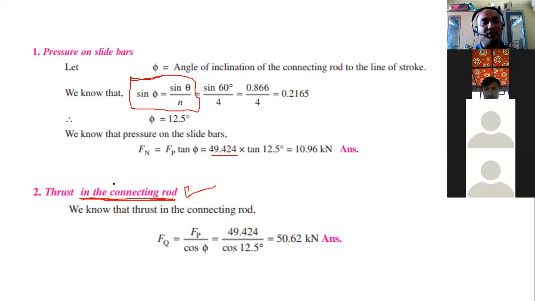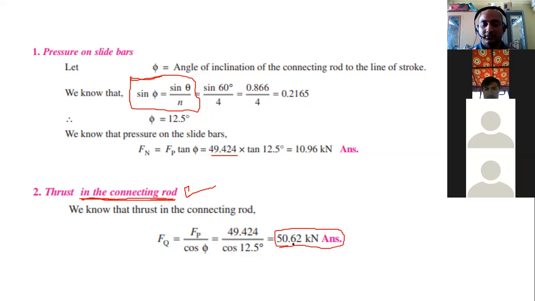FT is one of the components of force in the connecting rod, that is a component of FQ. So when it is asked to find out in the connecting rod, it means that we have to find out FQ. Simple equation: FQ equal to FP upon cos phi. That equation we have already seen. Everything is known here. FP is known, phi is known. Put the values, we'll get the answer. Simply put the values in the calculator, you will get the answer.